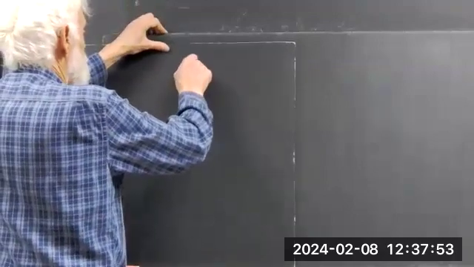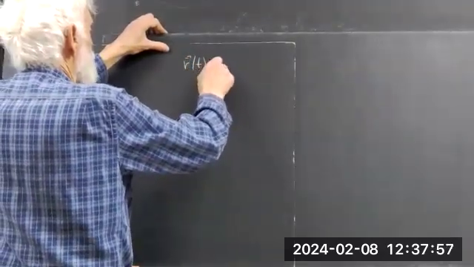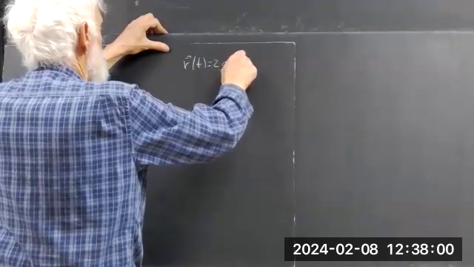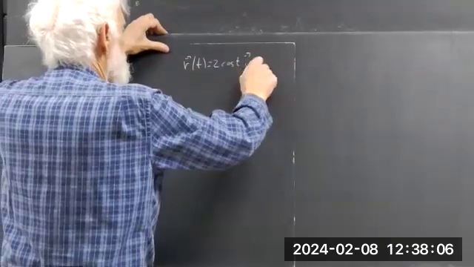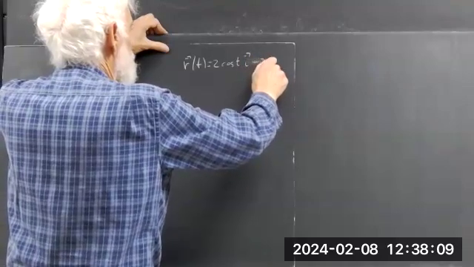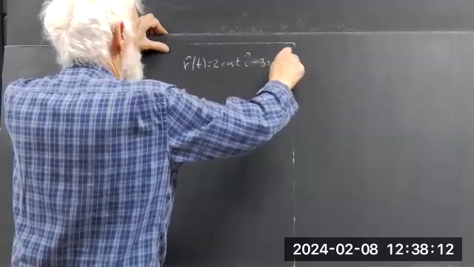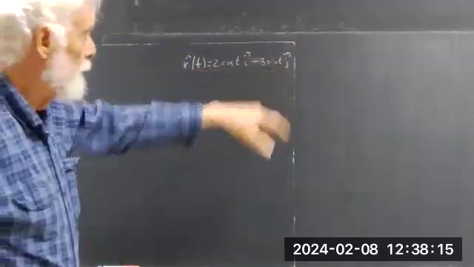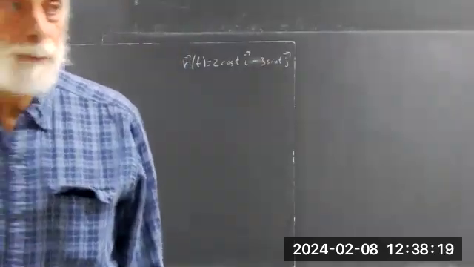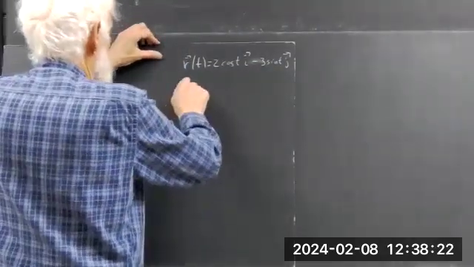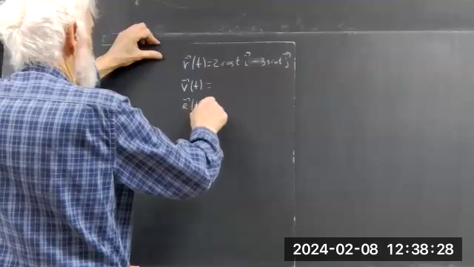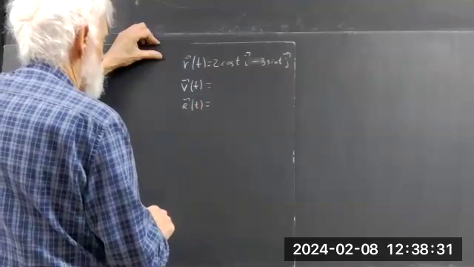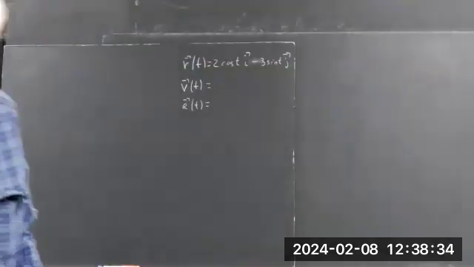Okay. I'll give you a simple function, r(t) = 2 cos t i − 3 sin t j. What I want you to find is the velocity and the acceleration.